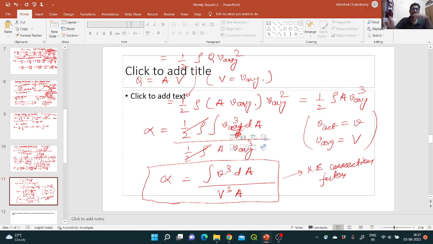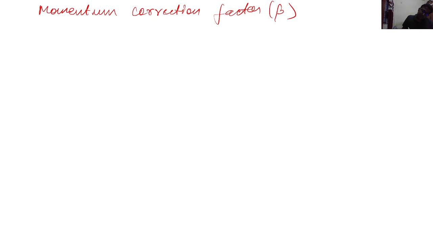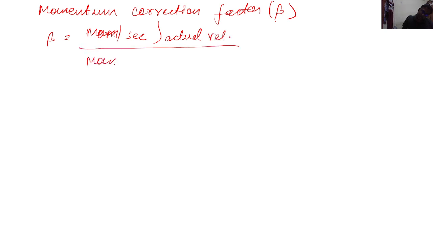There is another term known as the momentum correction factor, and the question for that has been asked in the assignment also. I will very quickly finish that. Momentum correction factor beta is nothing but momentum per time, in our case, with respect to the actual velocity, divided by momentum per time with respect to the average velocity.